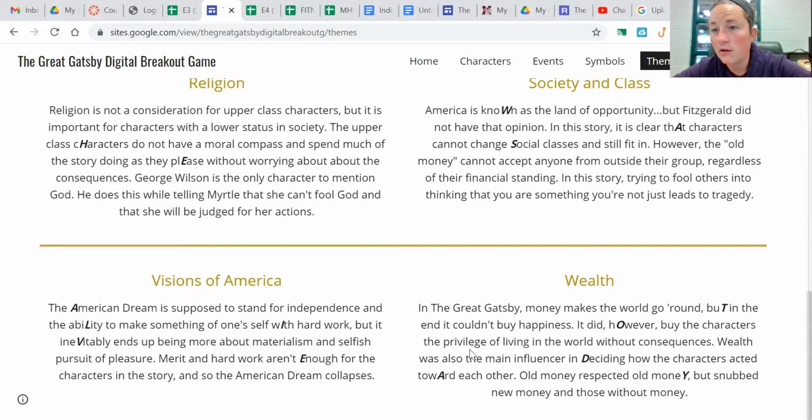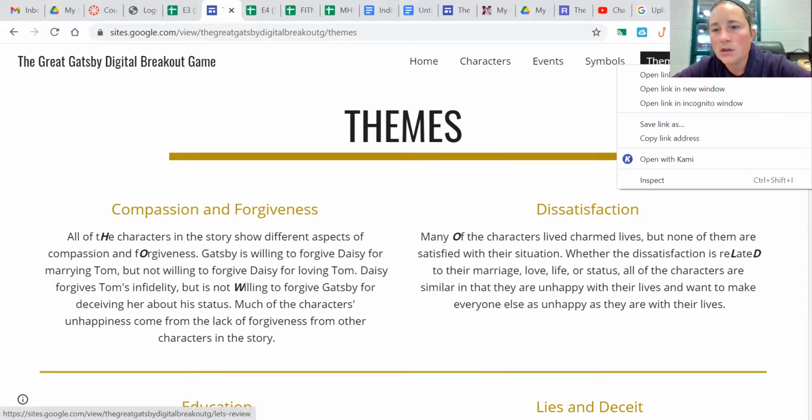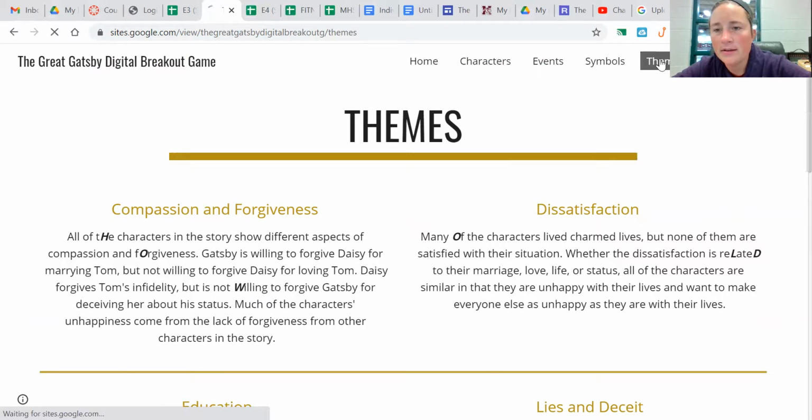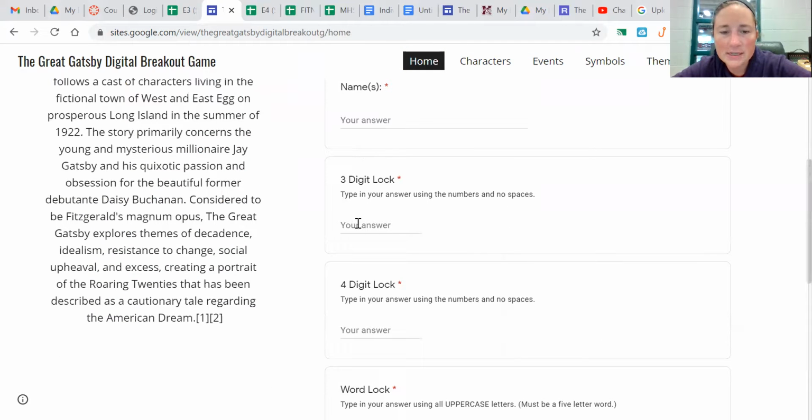Without your calculator, figure out what the times and dates are in order to find the correct answer to this question. Okay, and last but not least, and again, the themes, that goes with the 3-digit lock. Themes with the 3-digit lock.